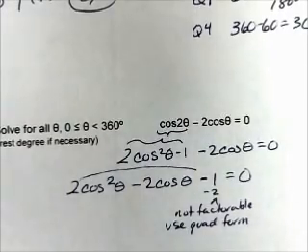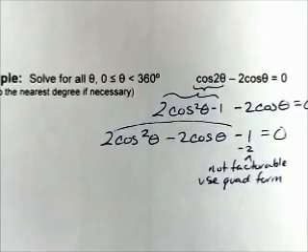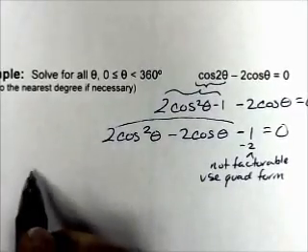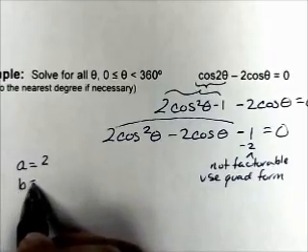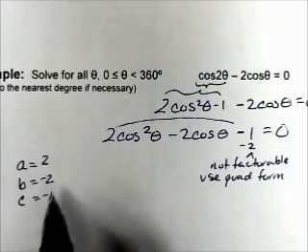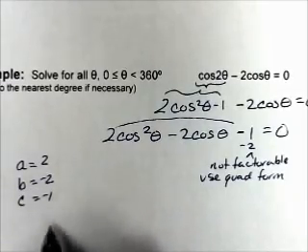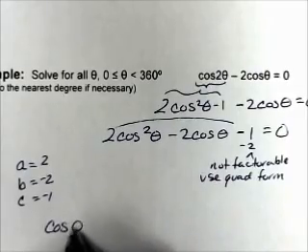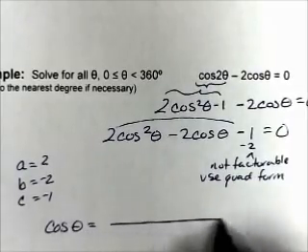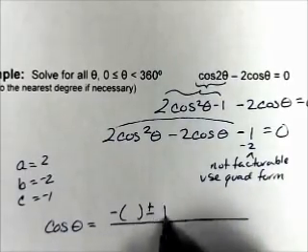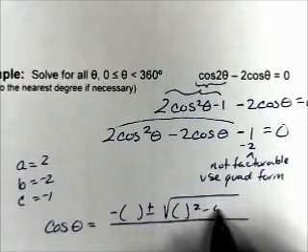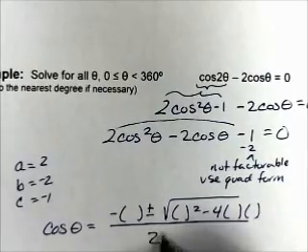It's been a while since we've used that, so it's good practice, good review. Okay, so A is 2, B is negative 2, C is negative 1. Cosine of theta equals negative b plus or minus the square root of b squared minus 4ac all over 2a.